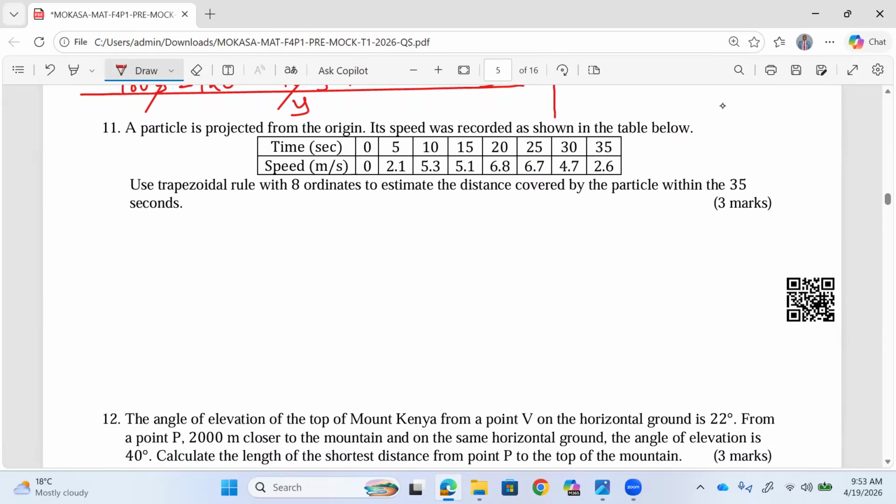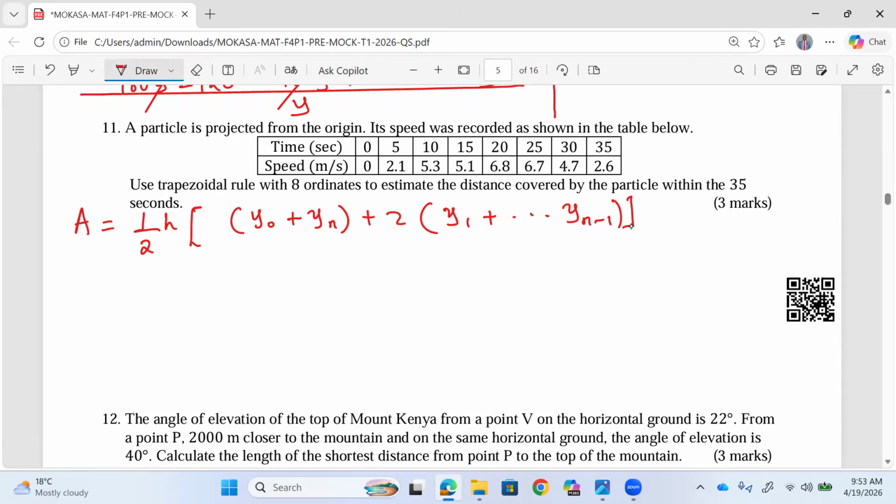So the area under this graph, using trapezium rule, we first state the formula. We start by adding the first and the last values of y. Then we add 2 times all the other values of y in between, up to the second last value.